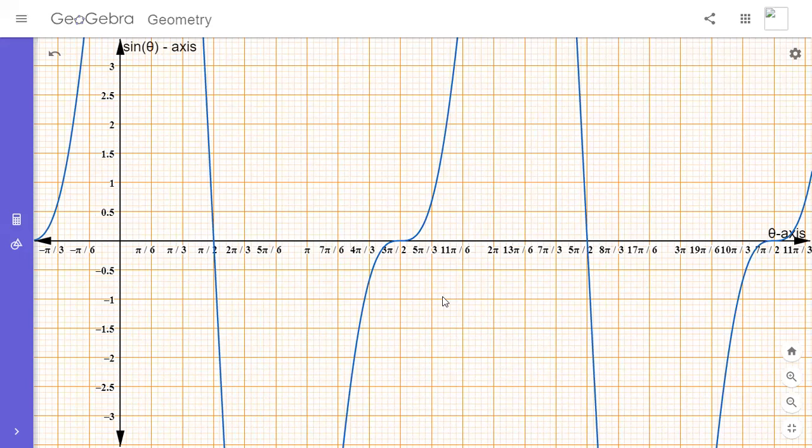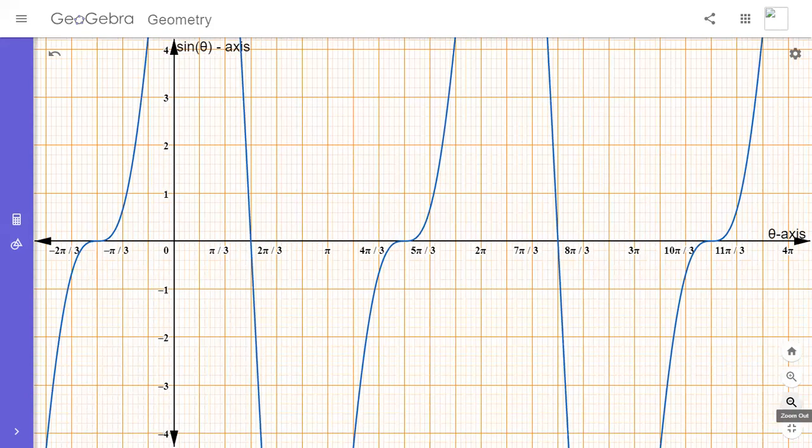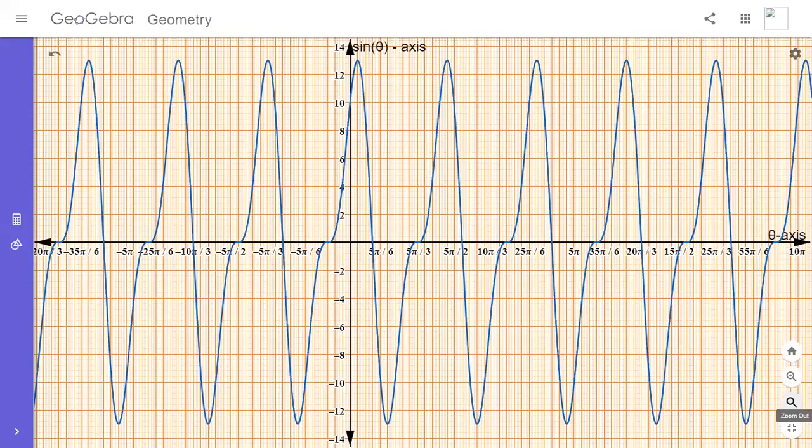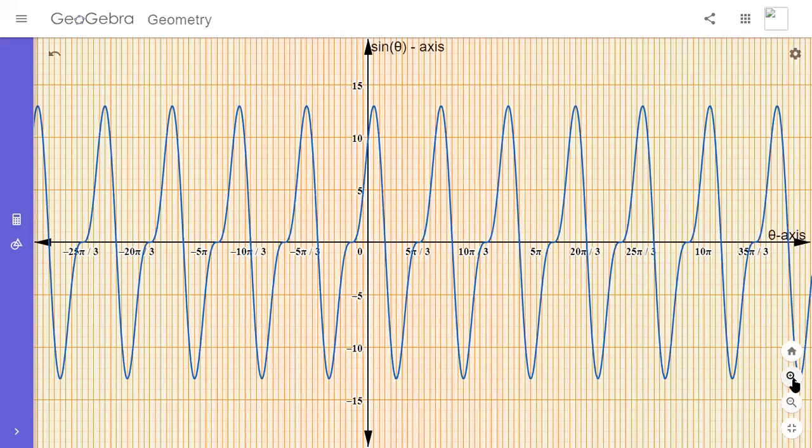Great. Now, in the other angle, theta equals pi over 6 plus 2n pi, we stated that we're going to have a maximum point there. Let me zoom out a bit.